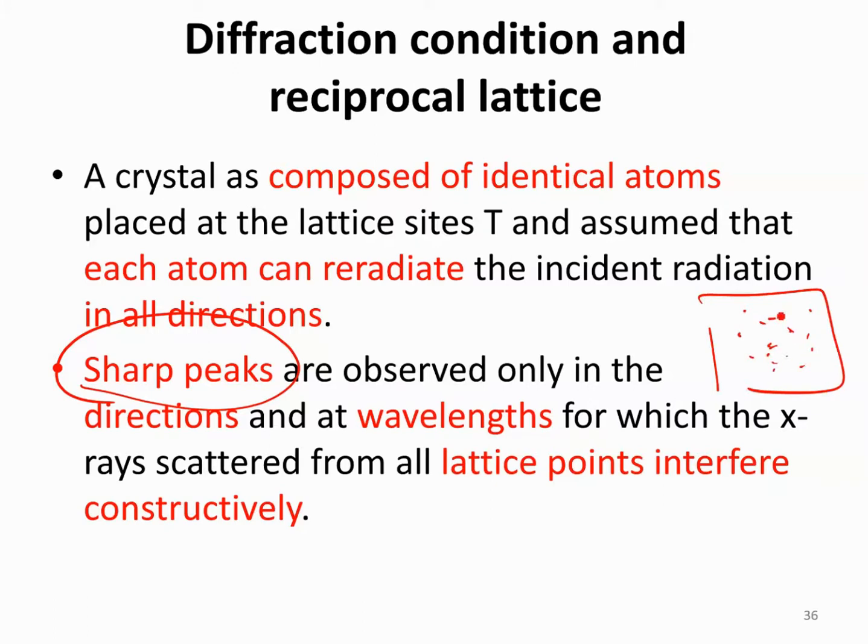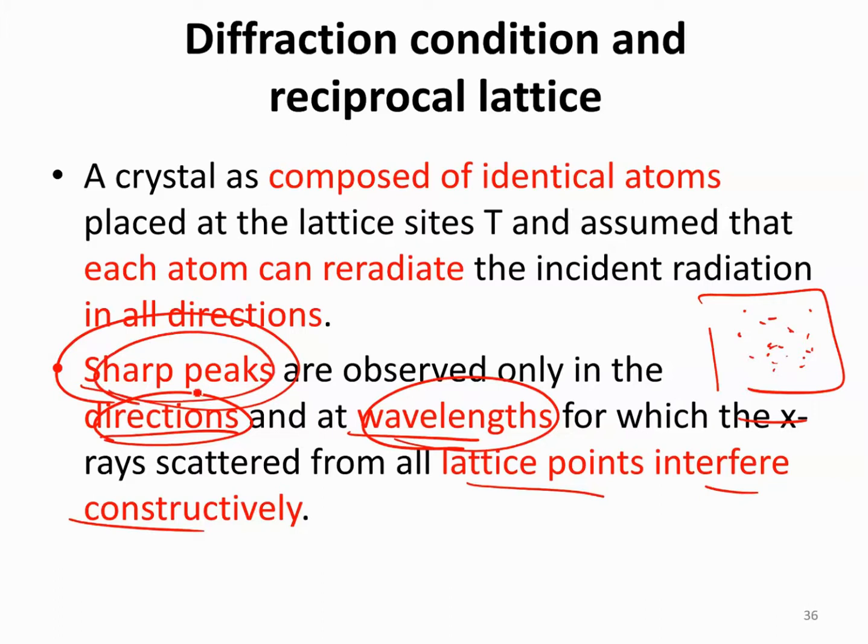In order to get the reflection spot, the direction and the wavelength of the X-ray must make sure that the lattice points will interfere constructively. Therefore, only certain and specific directions and wavelengths can produce the constructive interference. That means the sharp peak. Okay, if it doesn't meet the requirement, then no reflection will be observed.